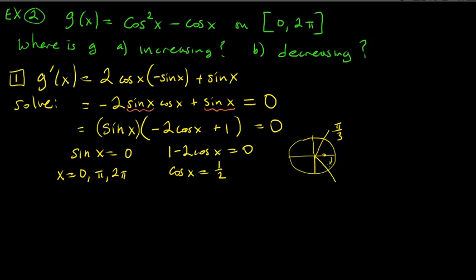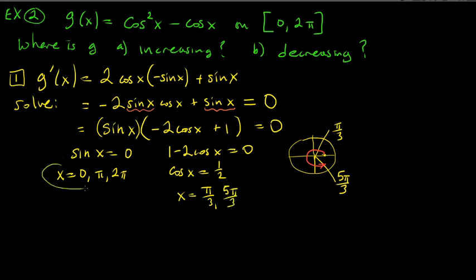We don't want this angle. We want to go counterclockwise. So we want this to be a positive angle. And in that case, this will be 5 pi over 3. Okay, so this equation has two solutions, pi over 3 and 5 pi over 3.